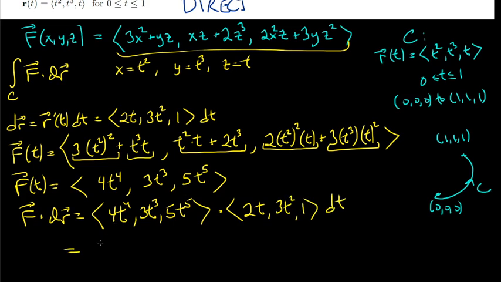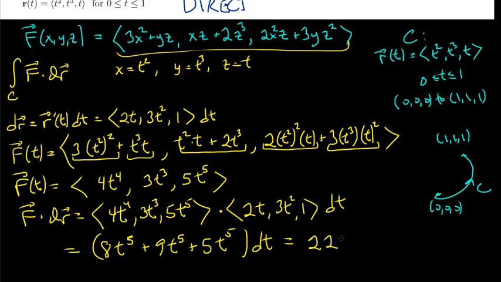So 4t to the 4th times 2t is 8t to the 5th, plus 3t cubed times 3t squared is 9t to the 5th, plus 5t to the 5th times 1, that's just 5t to the 5th. Oh, times dt. Don't forget the dt here. Well, 8 plus 9 is 17. 17 plus 5 is 22. So this is 22t to the 5th times dt. So we're integrating that from t equals 0 to t equals 1.